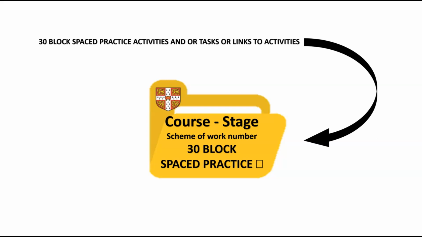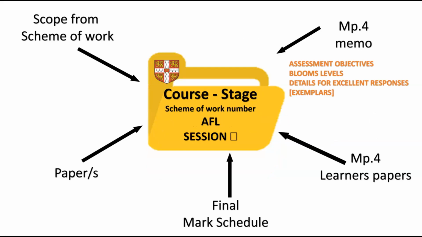So in that placeholder goes number 1. And then here, your assessment for learning session 1 will be your July session. So I want your MP4 memo, your assessment objectives, your Bloom's level, all of that you did for your memo.